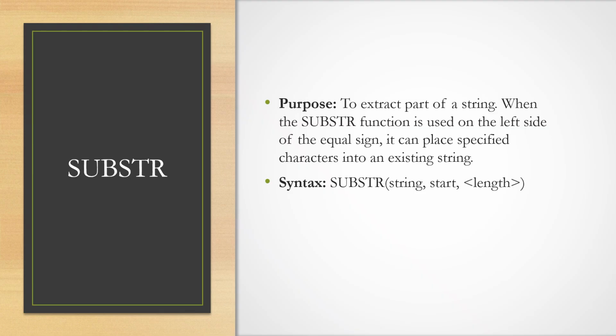If this argument is omitted, the SUBSTR function will return all the characters from the start position to the end of the string. If a length has not been previously assigned, the length of the resulting variable will be the length of the character value or the string value which we have passed as the first argument.